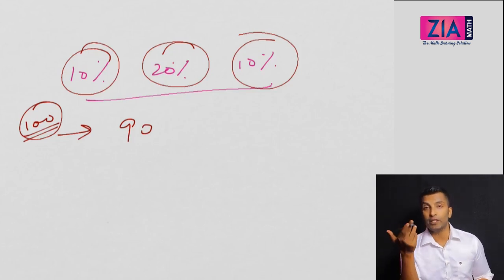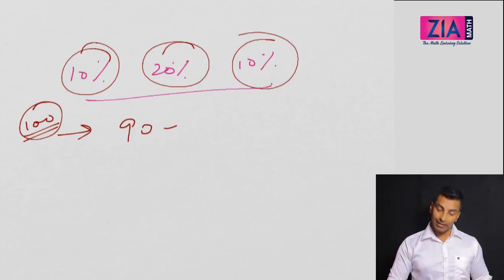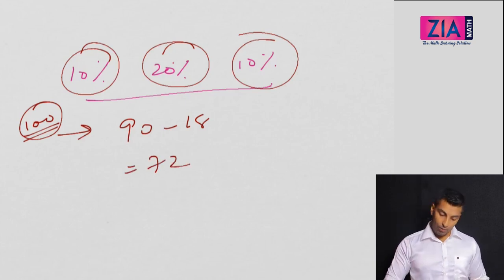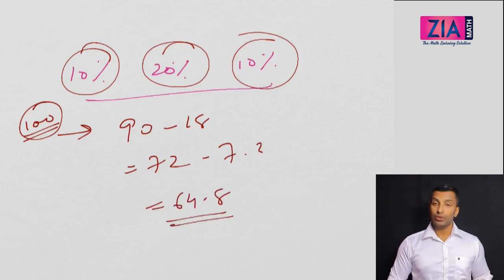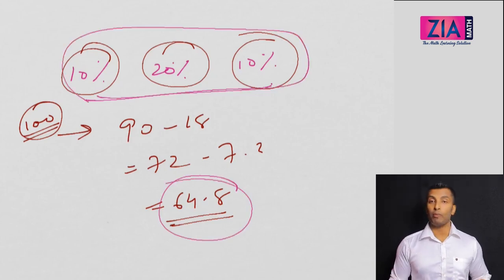Then another 20% means 20% on 90, that is 18, so 90 minus 18 is 72. Another 10% means 7.2, so minus 7.2 means 64.8. So if you are giving 3 successive discounts like this, you'll get 64.8. Now you can calculate, it depends on the question.